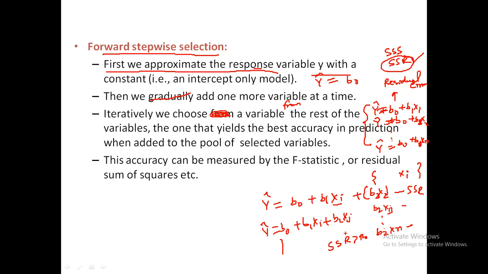Like you can fix that adding every new feature should decrease the SSR at least by 0.01 or something. So this way you select a set of features.